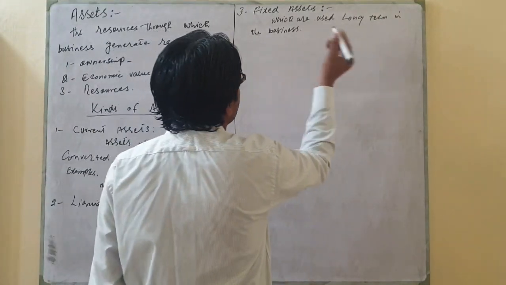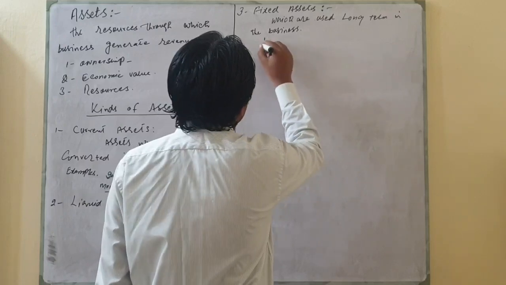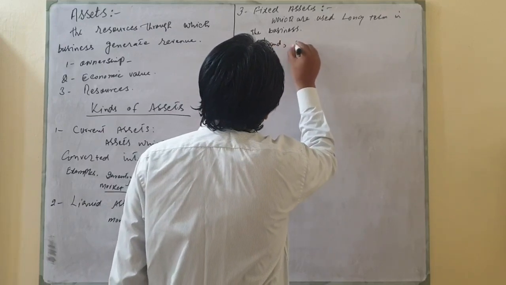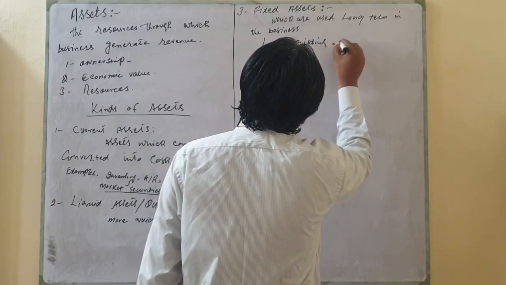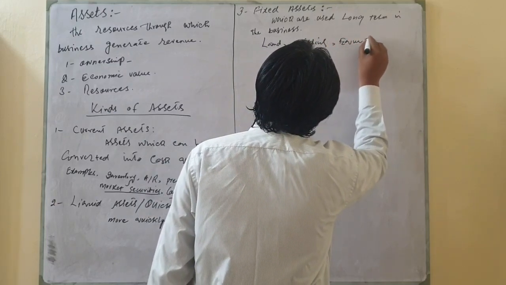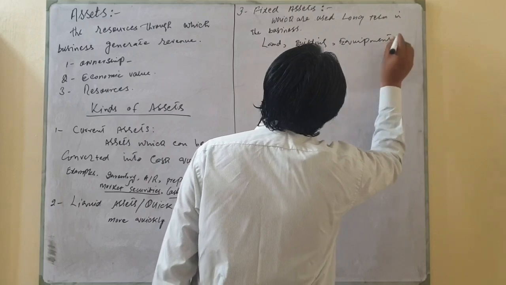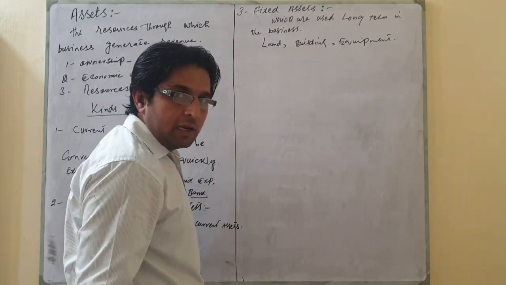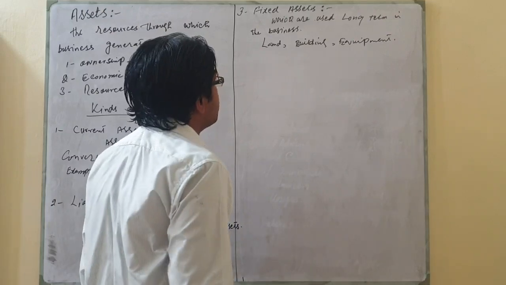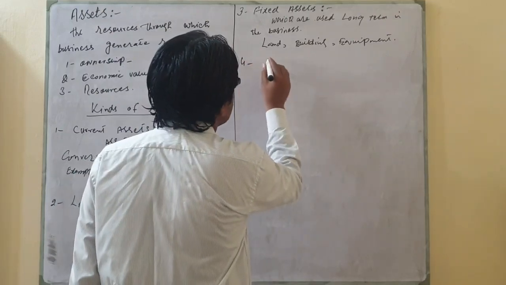As we know, the example of these fixed assets are land, building, equipment. These all are fixed assets. Fixed assets can be categorized further into two types. What are those two types?